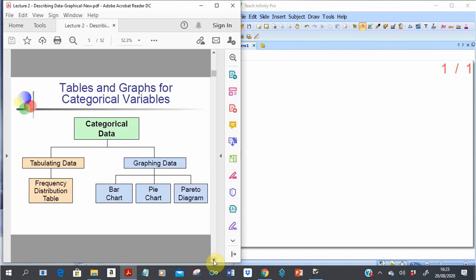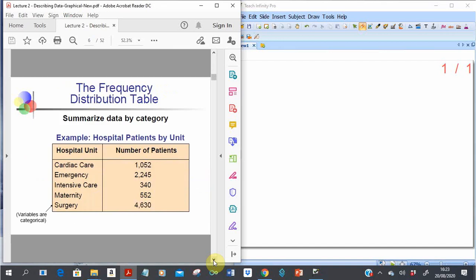Okay, so for categorical data, it can be tabulated or graphed. We use the frequency distribution table to tabulate categorical data, and for graphing, we use bar chart, pie chart, and Pareto diagrams. We have an example, and we need to summarize that table. We have our different categories and the frequencies.